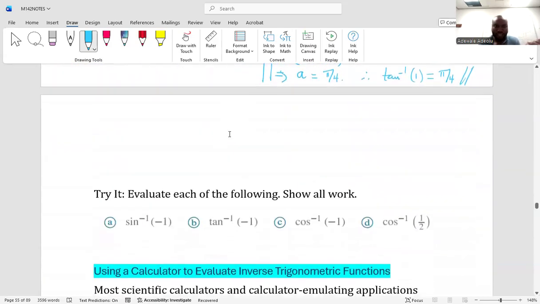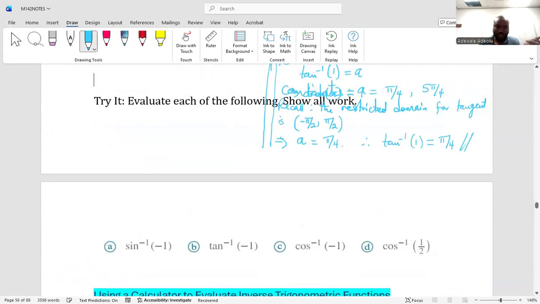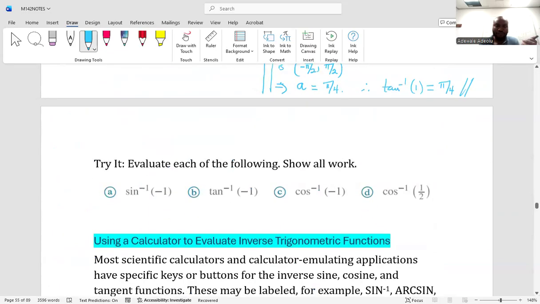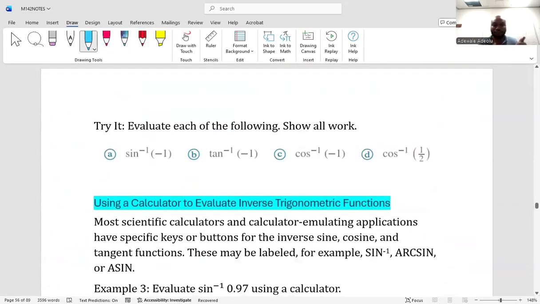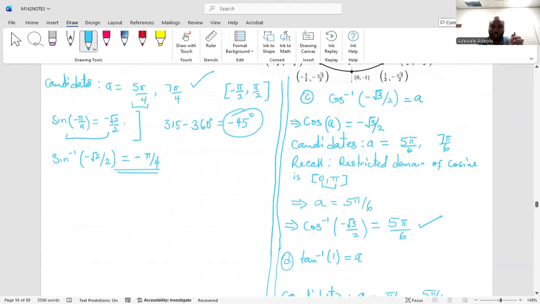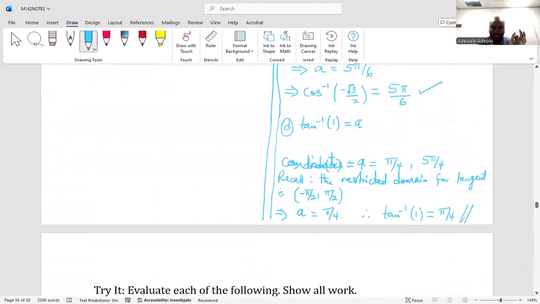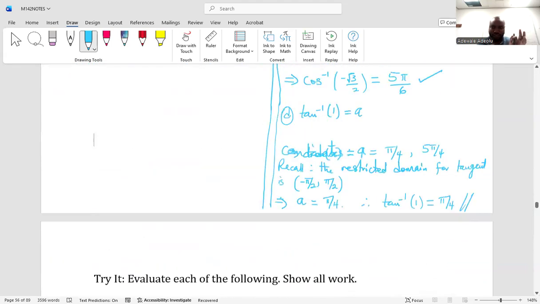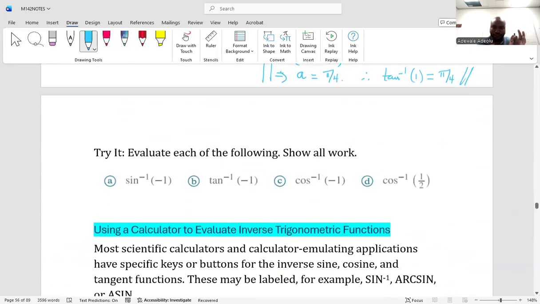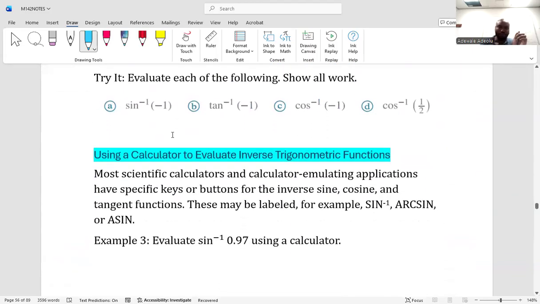Now you need to pause this video and evaluate each of the following inverse trigonometric functions. Make sure you show all your work the way I did here, neatly. So do that.